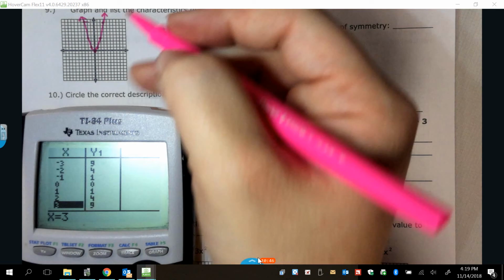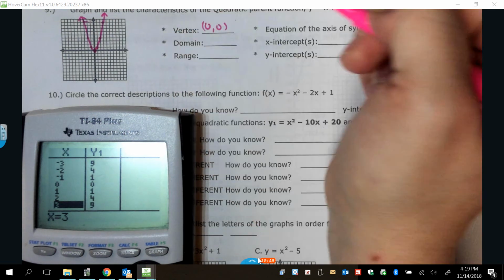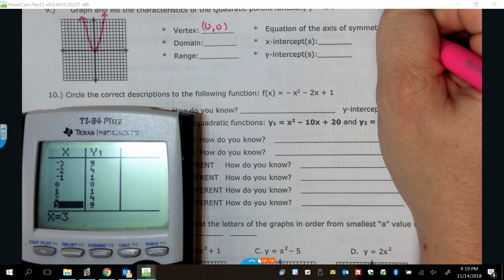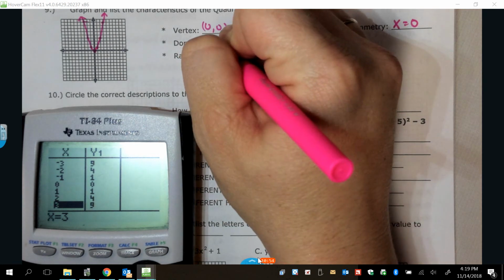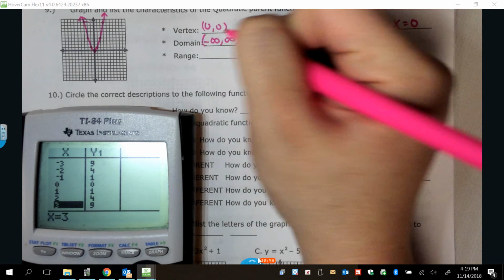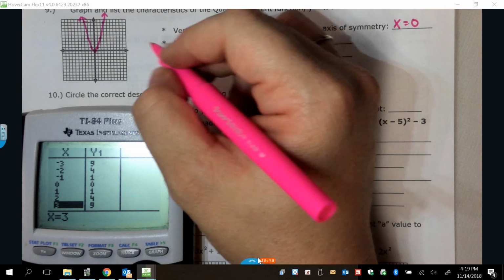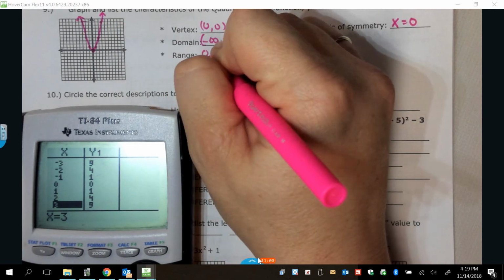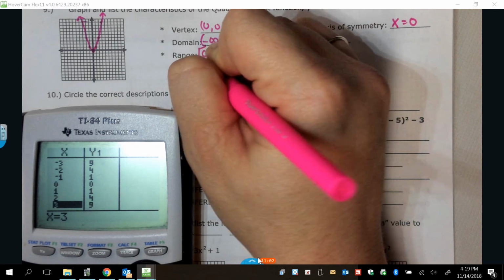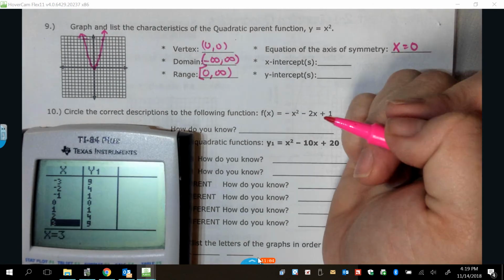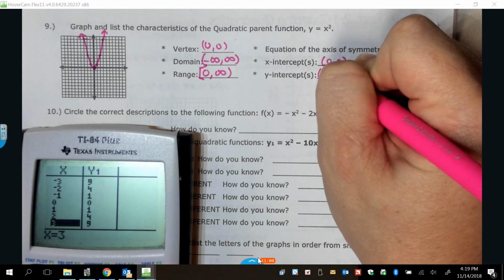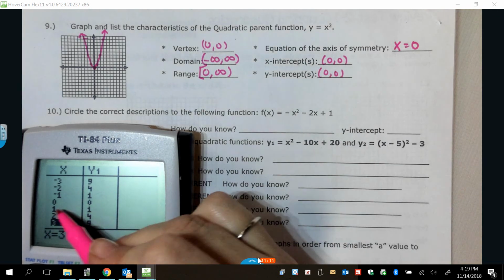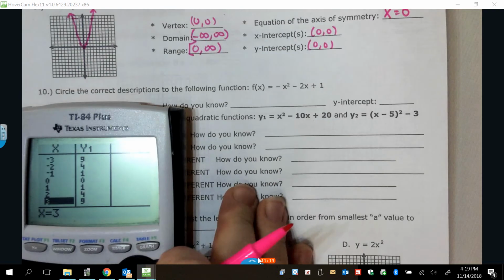Okay, my vertex is in the middle, which is (0, 0). Equation of the axis of symmetry is x equals 0, because that's the x of my vertex. This is going to get wider forever and ever. The range does go from 0 to infinity, and it actually touches 0, so that's a bracket. My x-intercept is (0, 0). My y-intercept is (0, 0), because that's the only place where x and y are zeros.